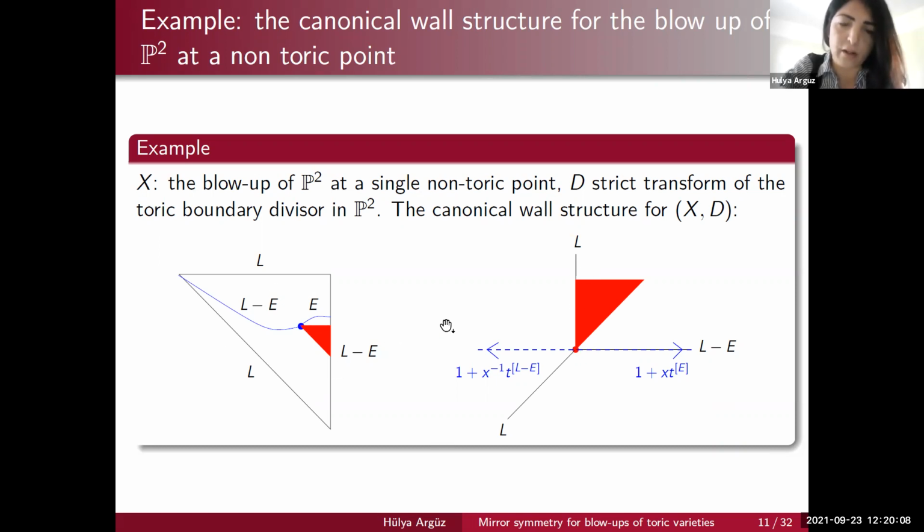So the analog of the fan for the blow-up of P2 at a single point is given by this picture, where you a priori ignore the blue rays that I draw. It's just the fan of P2 together with this red region that is chopped off and the edges glued together.